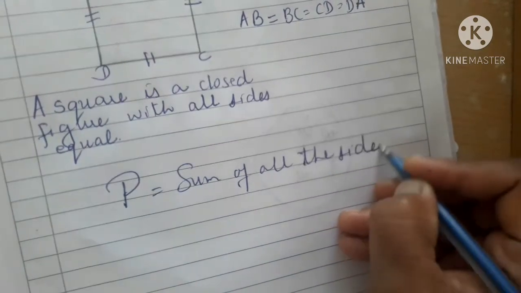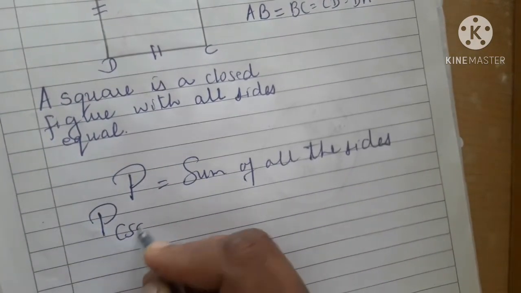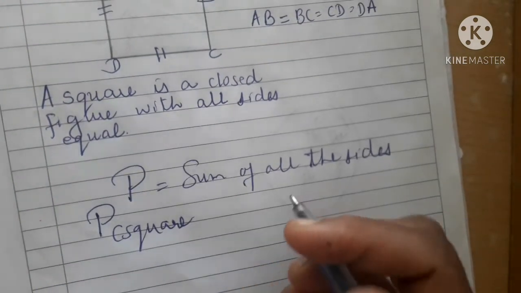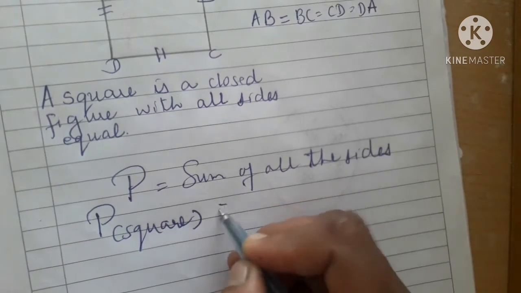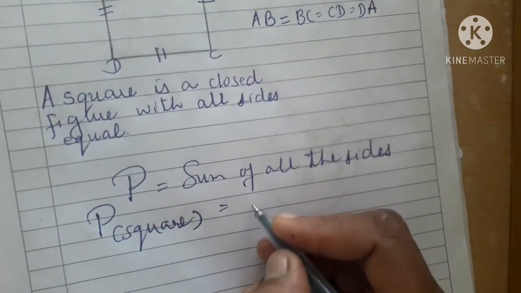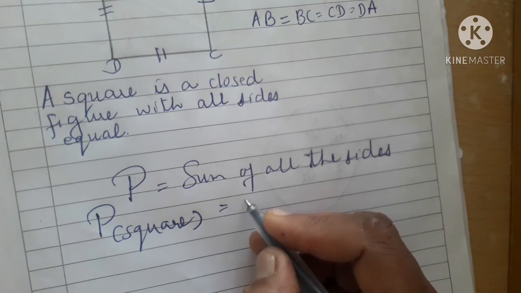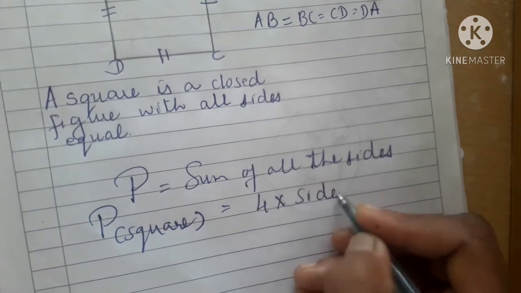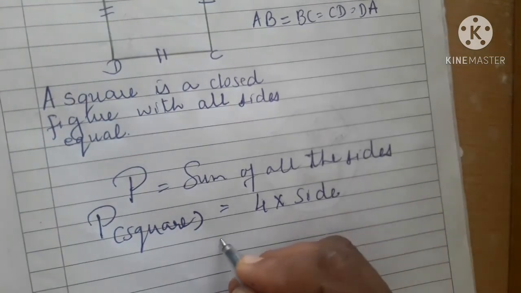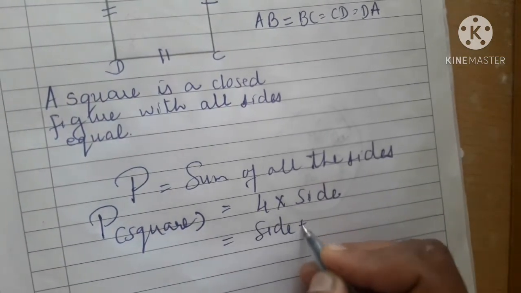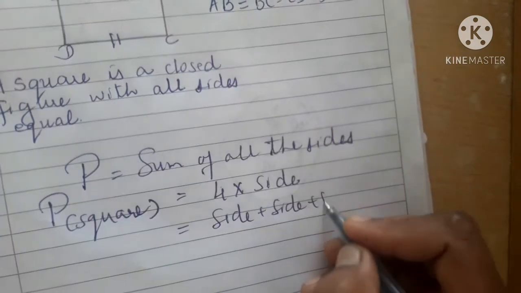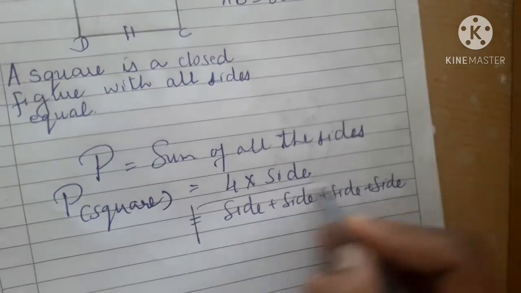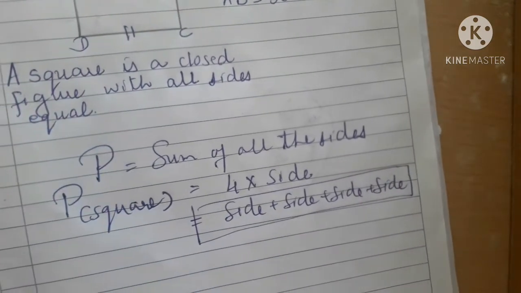Now when I am talking about perimeter of a square, it means sum of all the sides, and because all the four sides are equal, I can write it as 4 into side, or you can say as side plus side plus side plus side. Okay, whatever you want, you can use.